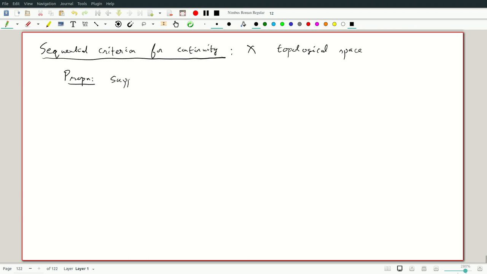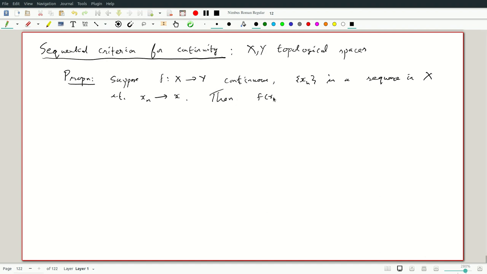So suppose f from X to Y is continuous, where X, Y are topological spaces, and Xn is a sequence in the domain such that Xn converges to x. Then, as must be familiar, f of Xn converges to f of x.